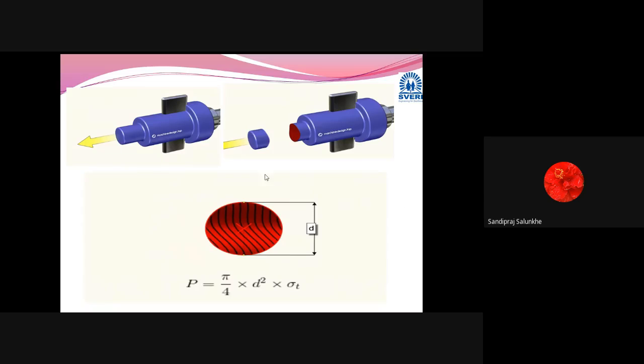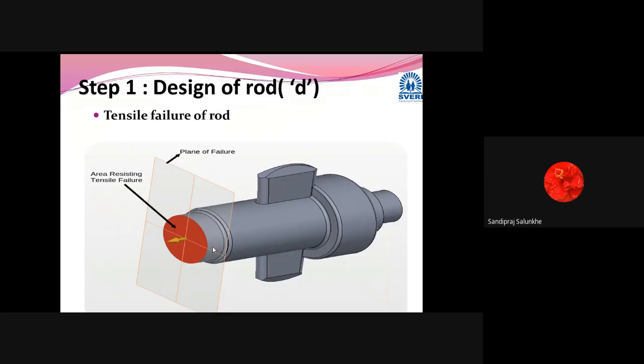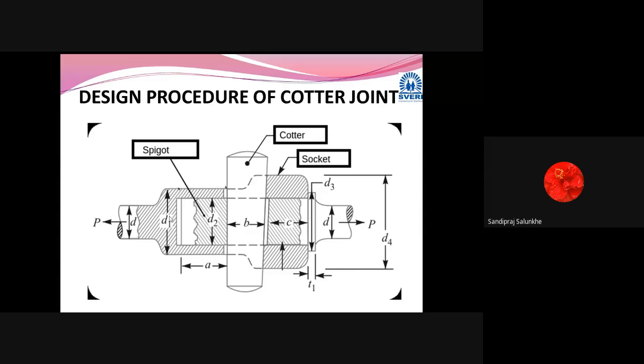This is pulling in this direction, and this is pulling in the opposite direction. So here also you can consider this socket is trying to pull all these things to each side. This spigot is trying to pull all the things to each side. And this pin is the one which is going to connect these two parts together. So what type of stress may get induced in this part?